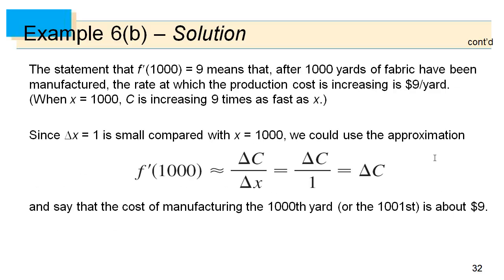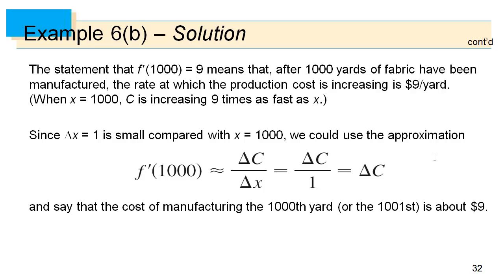Okay, so therefore, the statement that f prime of 1,000 equals 9 means that when you're at x equals 1,000, so basically when you're producing 1,000 yards of fabric, the rate at which your production cost is increasing is $9 per yard.